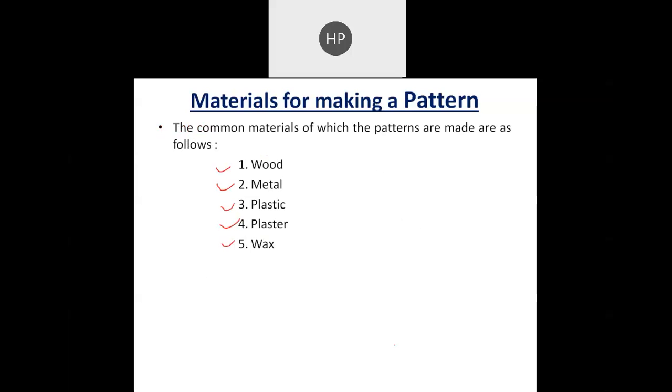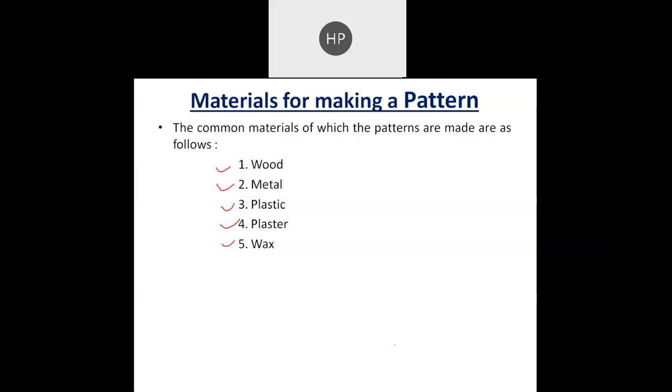And all these materials have their certain advantages, their certain limitations, and they are used in particular applications. So we cannot say that this material is good or this material is not good. All materials are good in their particular area, and all these materials are used in large quantities, depending upon the requirement.